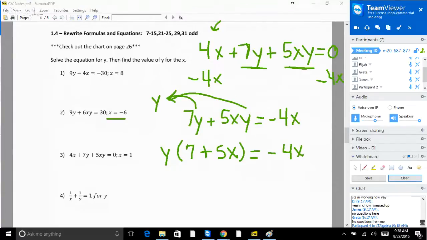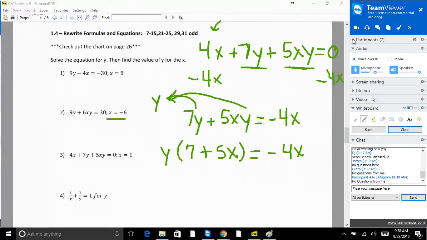Okay? So now we're at y times the stuff in the parentheses equals negative 4x. The stuff in the parentheses is important, but not right now for our solving purposes. So to get rid of the parentheses, I'm going to divide by 7 plus 5x.